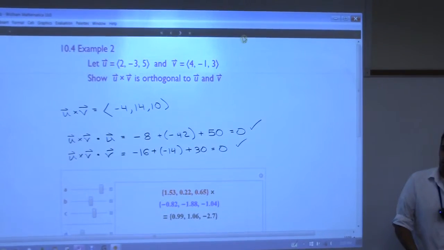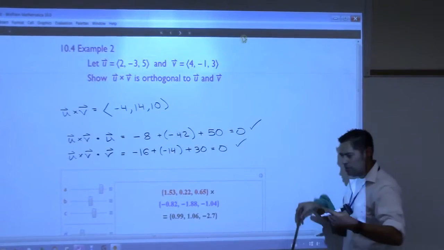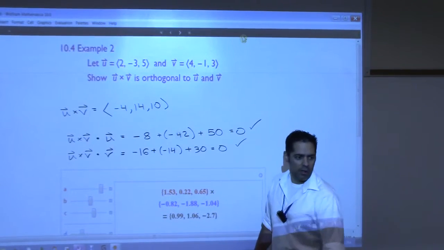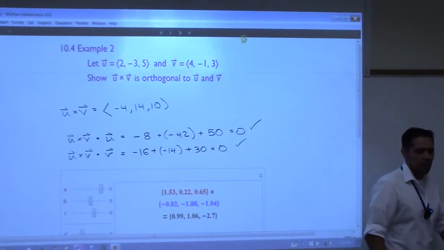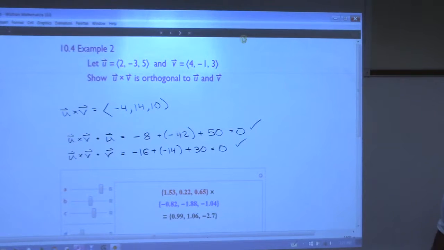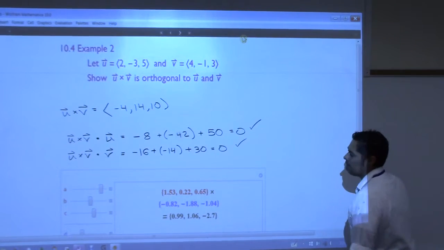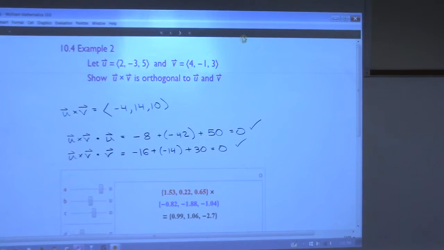And so that's not a coincidence. That is the actual property of a cross product. It will always be orthogonal to both the vectors you started with. Questions?